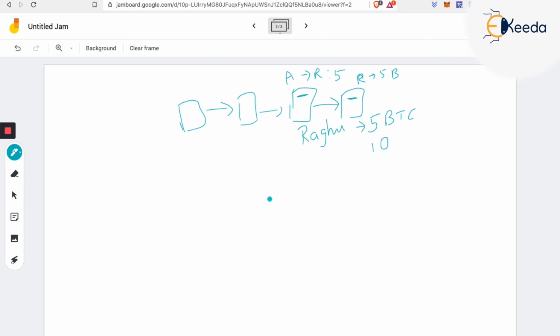So what does a wallet do? Let me try and draw a wallet. This looks like a wallet. What it does is keep track of the transactions. That's all. You cannot take this 5 bitcoin out of the network and store it inside the wallet like you do with money, where you withdraw money at an ATM, keep it in your wallet, and it is completely under your control.